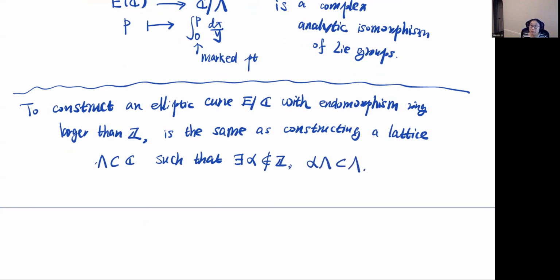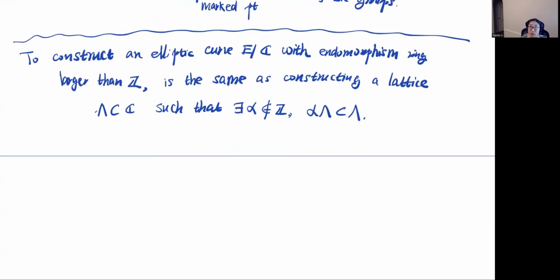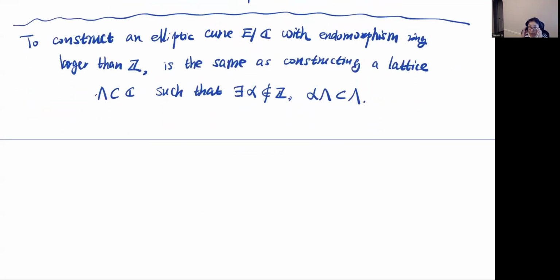Because we just talked about morphisms between C mod lambda 1 to C mod lambda 2, right? So now I want to think about endomorphisms of C mod lambda. Then they would be given by complex numbers.